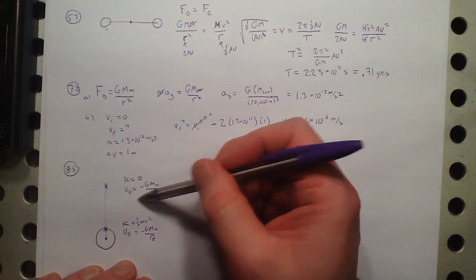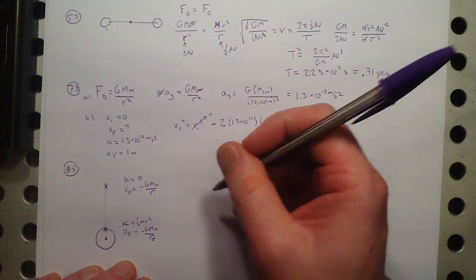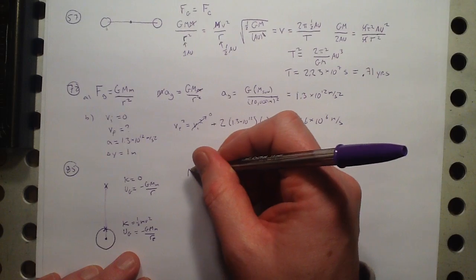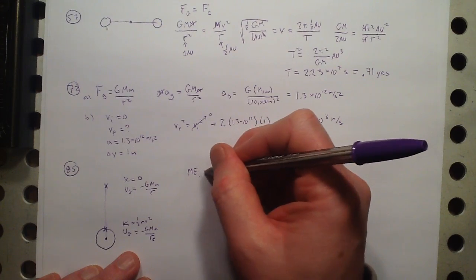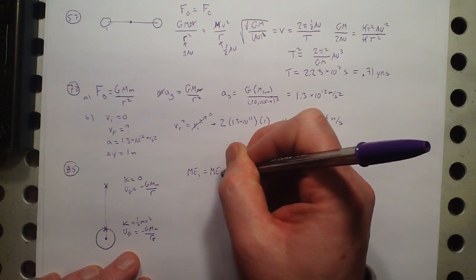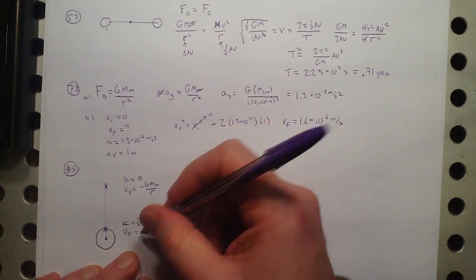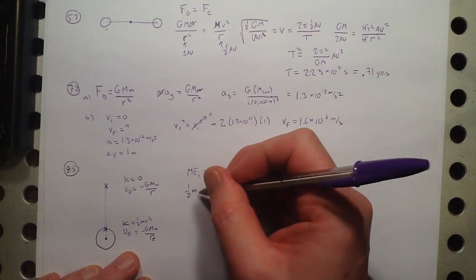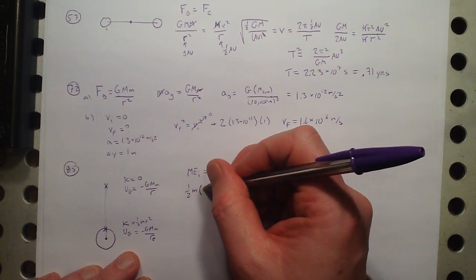Okay, so conservation of energy, this has to be equal to this. So total mechanical energy, here's a high level version of that equation. Initially I have 1/2 m times v squared.